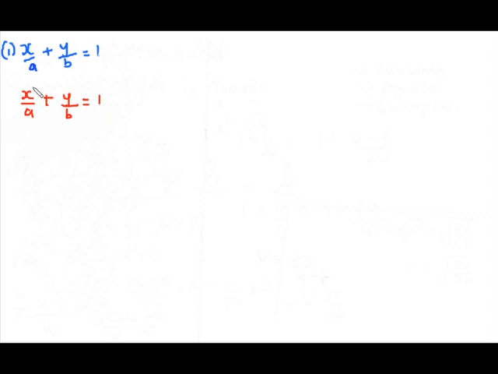Now I'm going to be subtracting x over a from both sides, which is ultimately x over a plus y over b minus x over a equals 1 minus x over a.